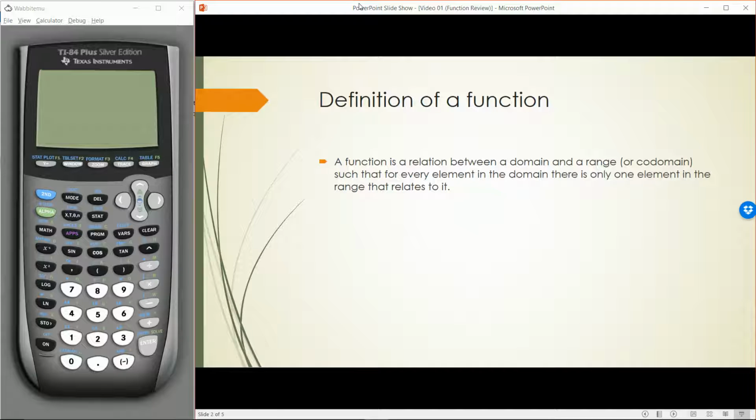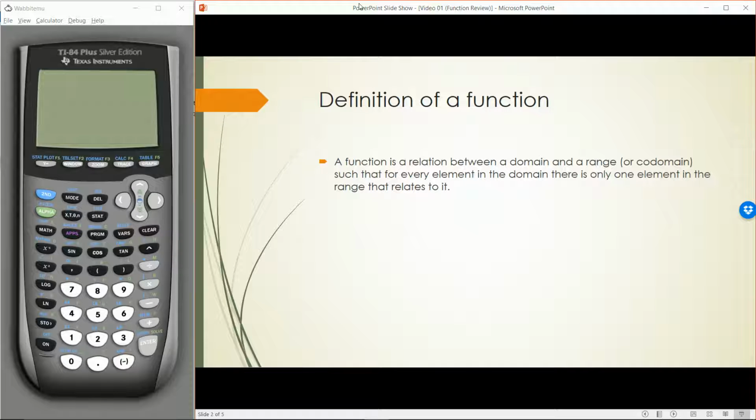So, for a simple two-dimensional equation, such as f of x equals x, there's only two variables, x, which is part of your domain, and y, which is part of your range or codomain. So that means for every x, there's only one y.